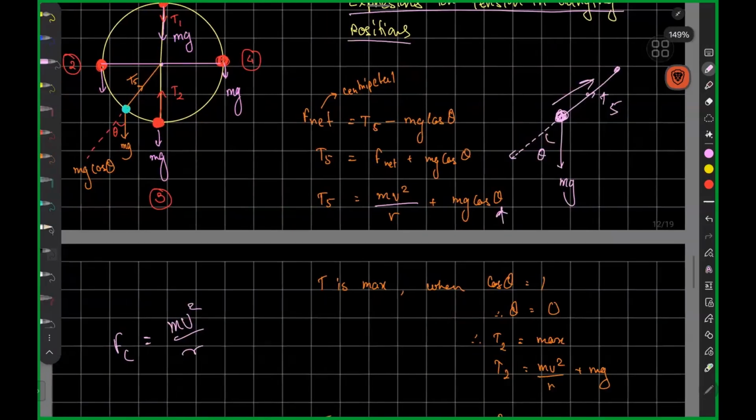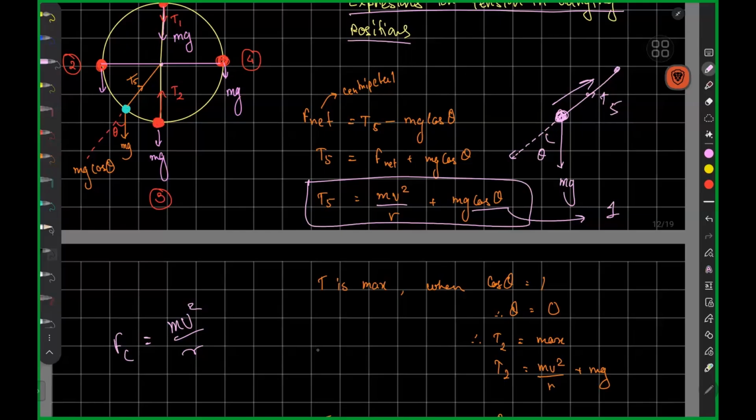So now, if I have this equation and I ask, when is tension max? If I keep my velocity the same, if cos theta over here is 1, then and only then is my tension max. You may get confused about that.